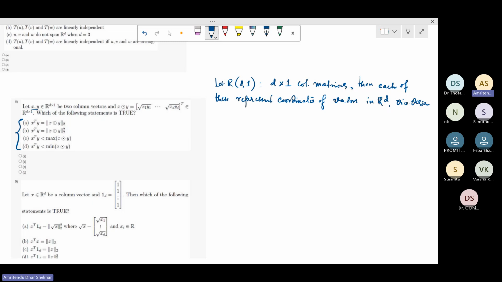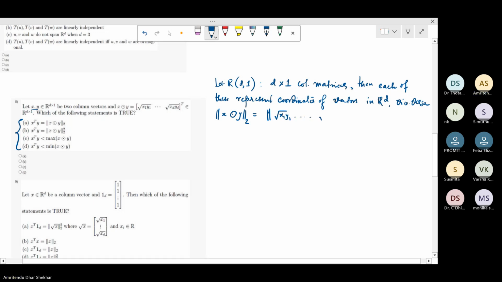If given two vectors, and you explicitly solve this, that is equal to the norm of this vector, the two norm rather.